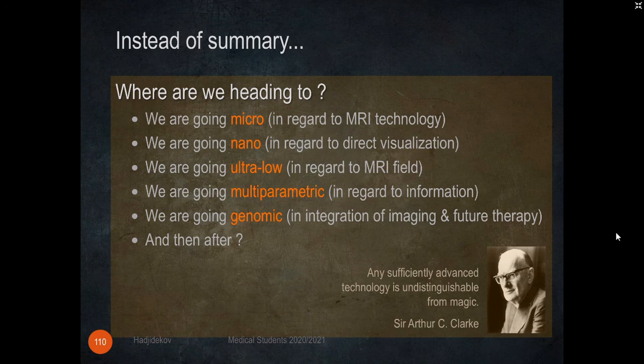We are even going nano in regard of the direct visualization of the lesions. We can go ultra low in regard of the magnetic resonance imaging field with different field strengths of the magnets, and we are going also multiparametric in regard to the information. So we can have various types of information, not only anatomical but also functional and metabolic information. That's why we are going multiparametric.